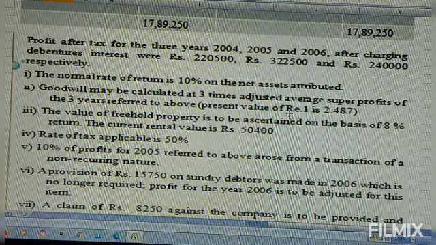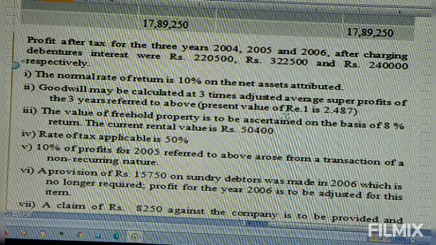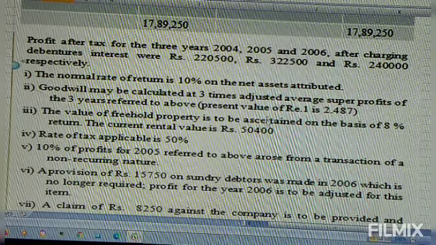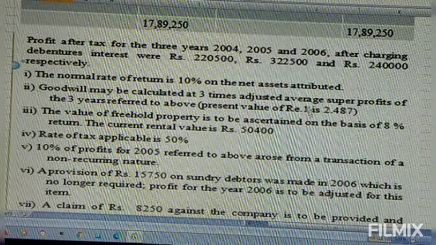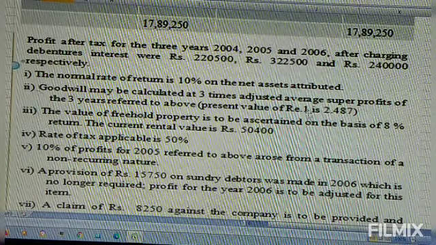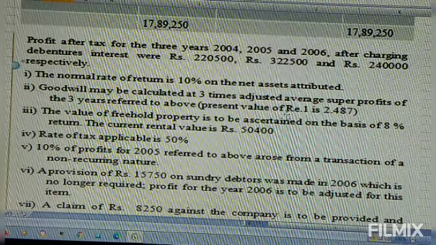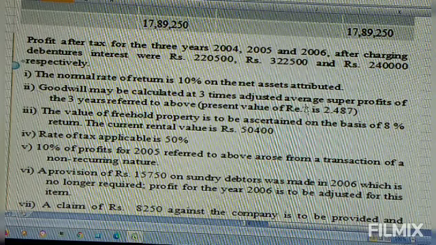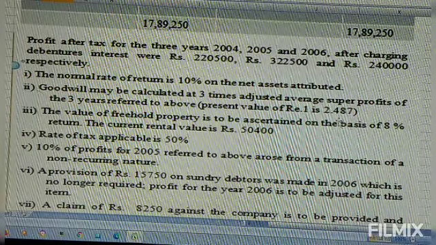When we convert past value into present value, we have to multiply with the higher value. So for every 1 rupee, as per the annuity table, the previous profits fetch 2 rupees 487 paisa.